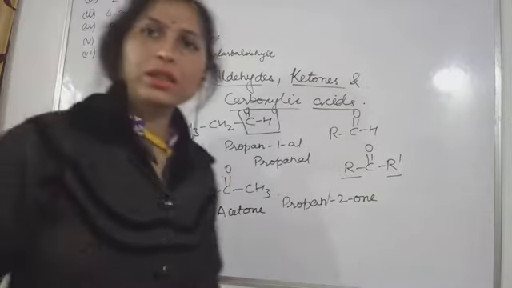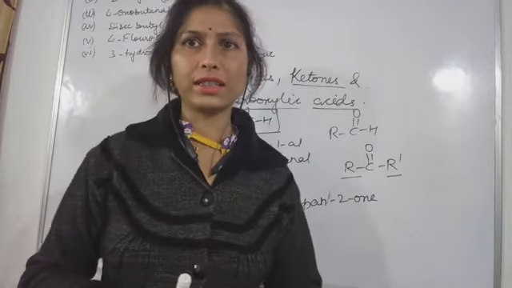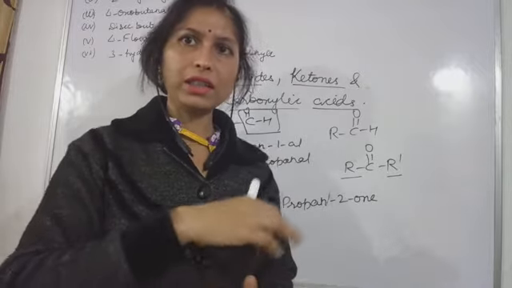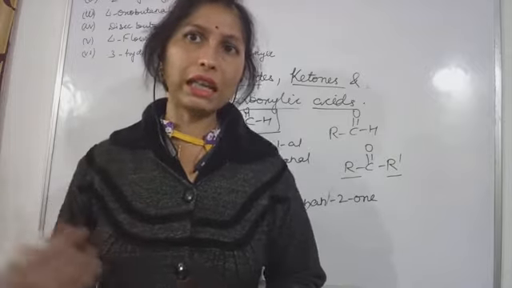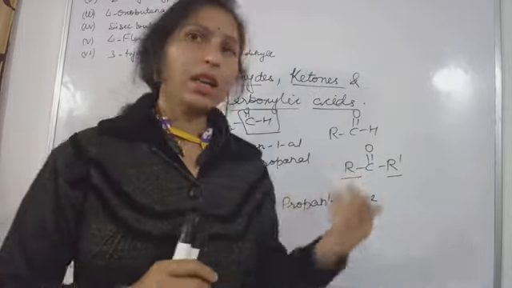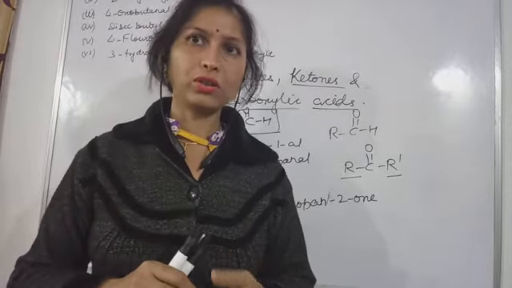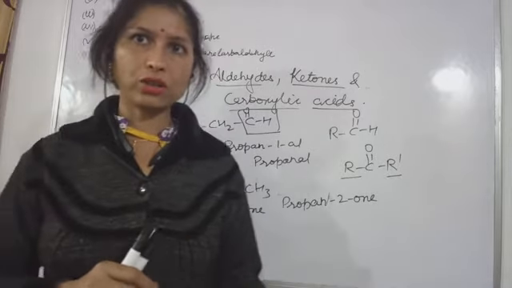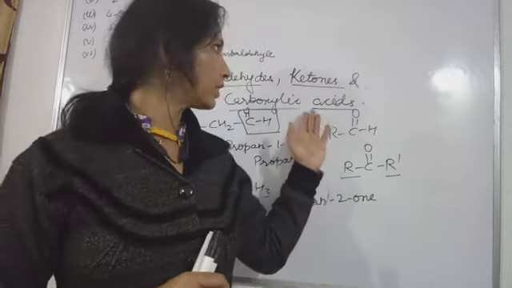These aldehydes, ketones and carboxylic acids are used in our daily life also. In the pharmaceutical industry, the aldehydes and ketones act as solvents. In the paint industry also you will find them acting as solvents.